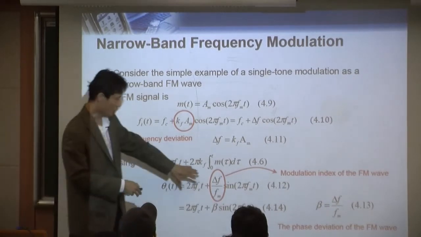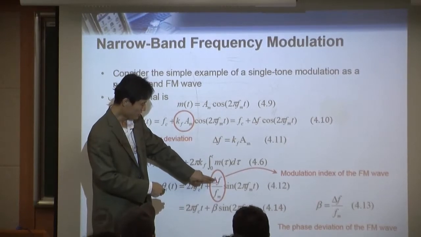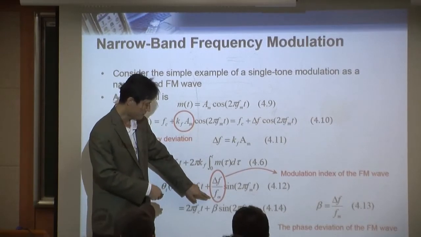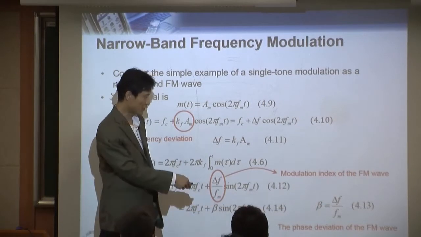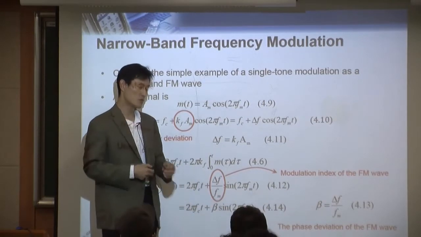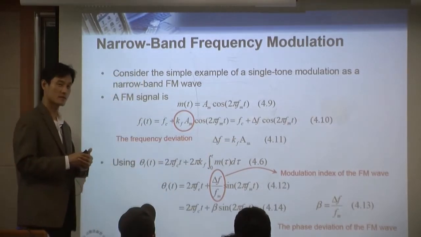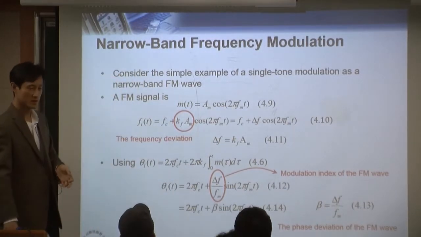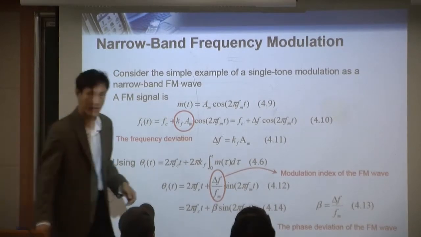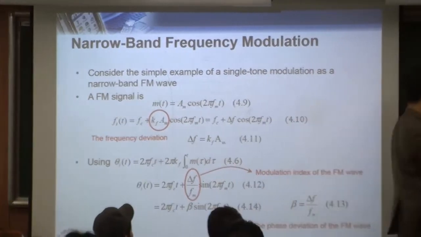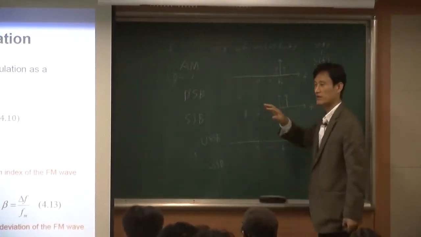And what we're going to do is put this delta f divided by fm and replace it with beta. And beta, we call this the modulation index. Remember that we had a modulation index in AM? In AM, in the DC addition area, we had a modulation index.